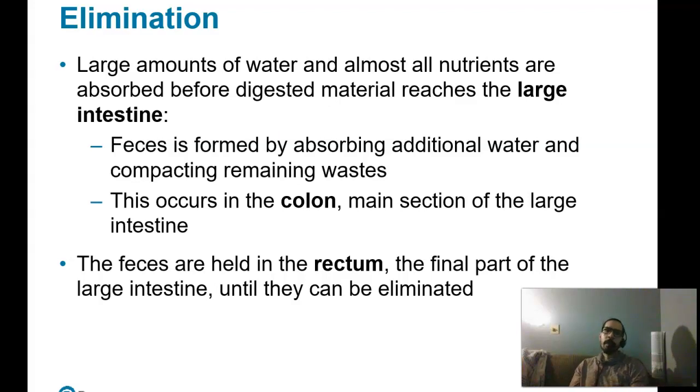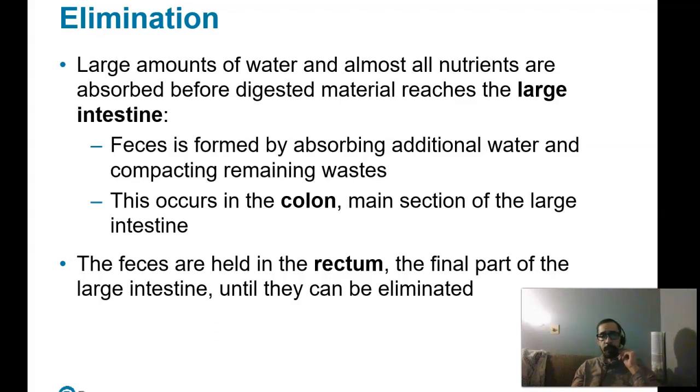So there are large amounts of water, and almost all of the nutrients are absorbed before the digestive material moves on to the large intestine. And so here, feces are formed by absorbing the additional water and also compacting the waste.